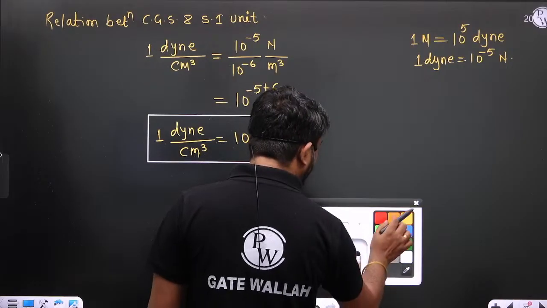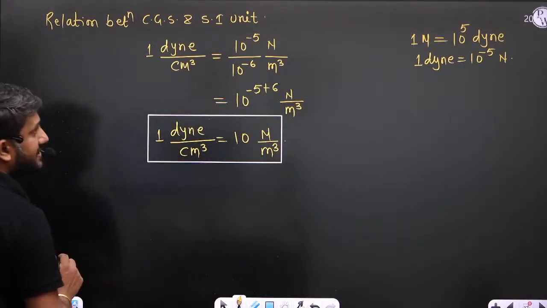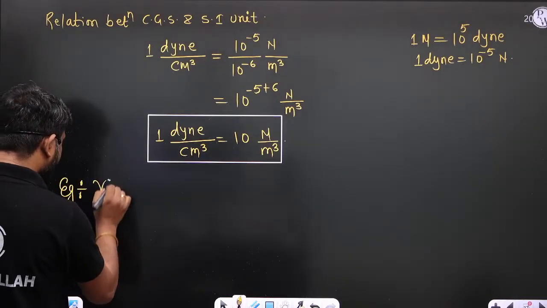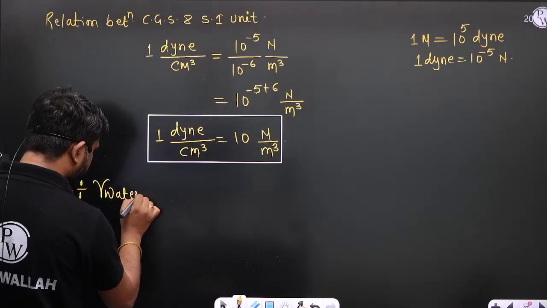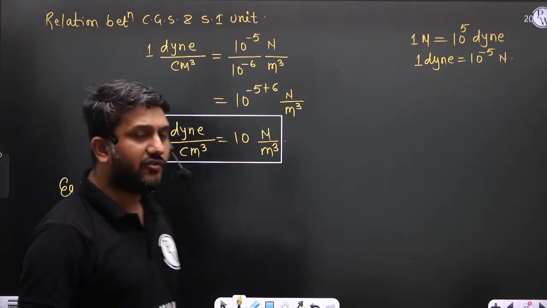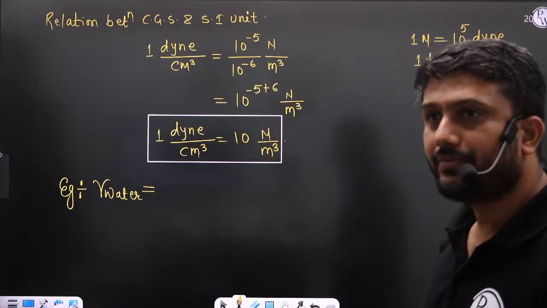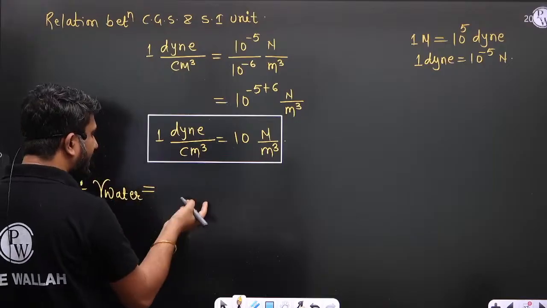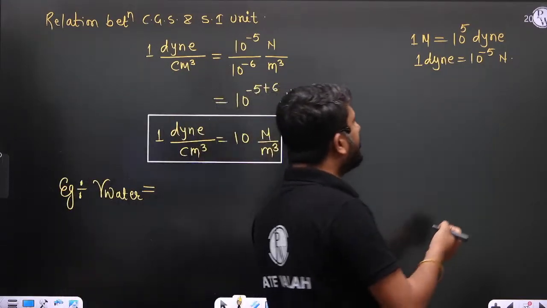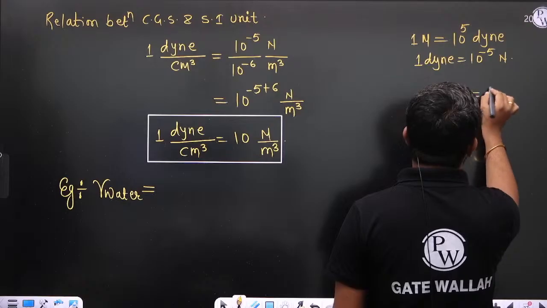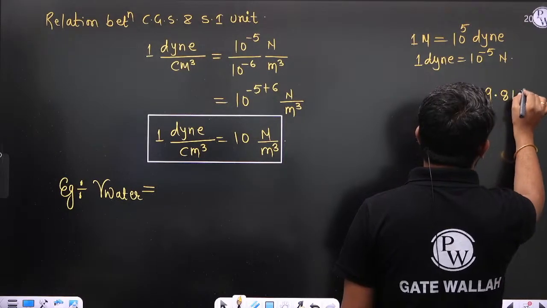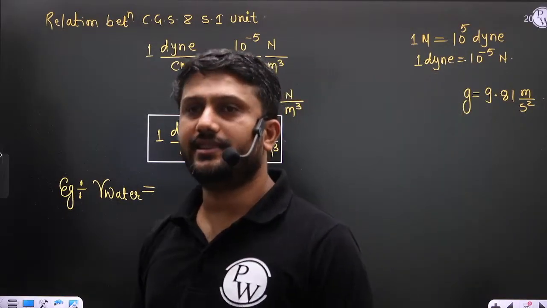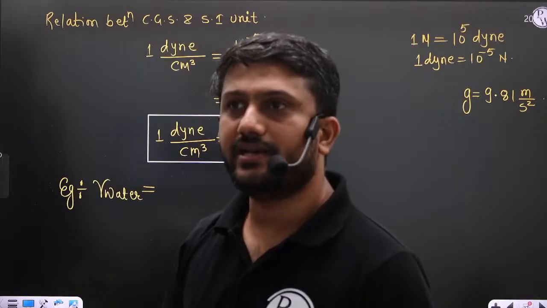Now let us talk about the weight density of some substances. Example. What is the weight density of water? We can write weight density, rho multiplied by g, and whenever the value of g is not mentioned, take the value of g as 9.81 meter per second square.